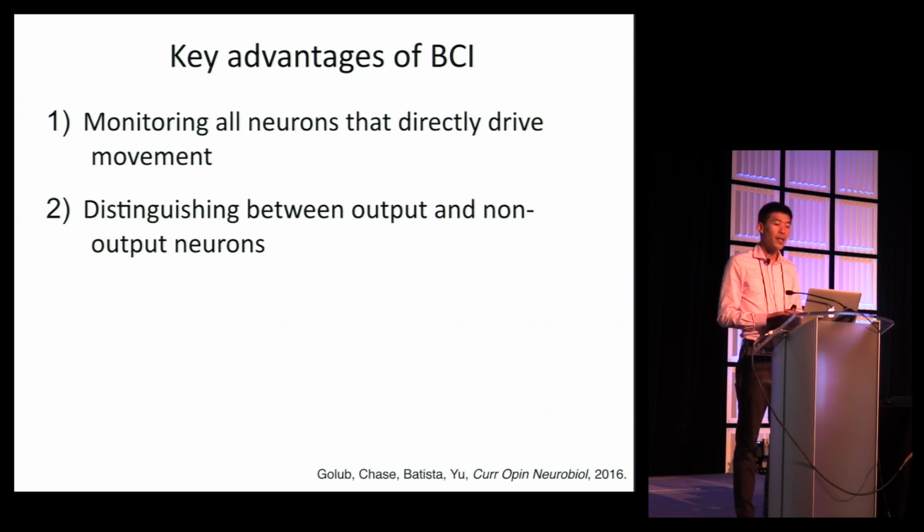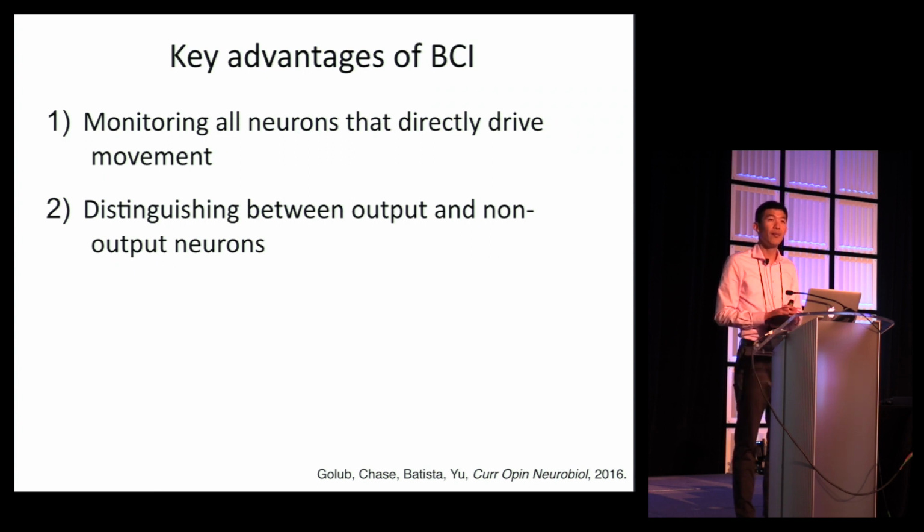Second, we can distinguish between output and non-output neurons. Okay? So for example, you can record from, say, 100 neurons and use only a fraction of them for controlling the BCI cursor and passively monitor the other neurons. Right?